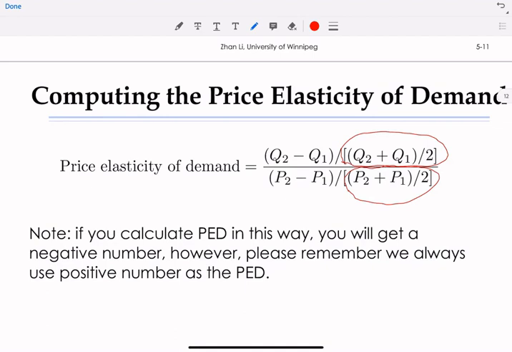So if you have two quantities, Q1 and Q2, the middle point is given by Q1 plus Q2 divided by 2. Similarly, if you have two prices, P2 and P1, then the middle point is given by P2 plus P1 divided by 2, right?